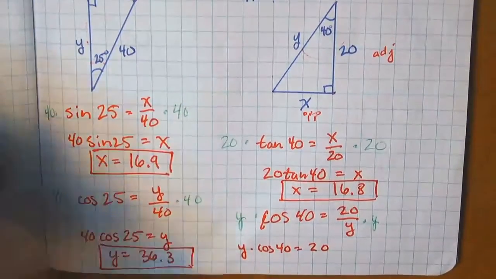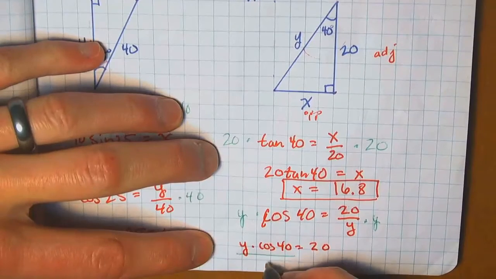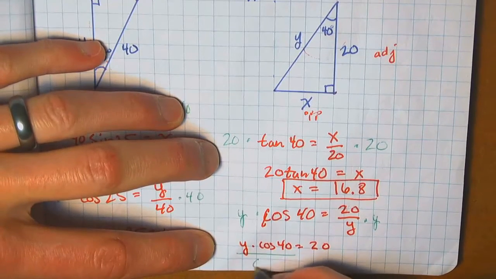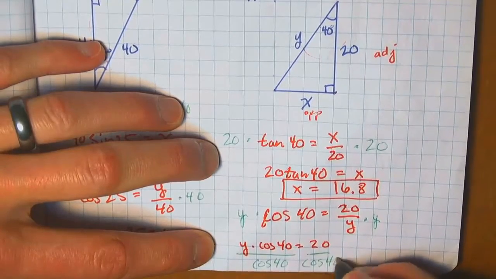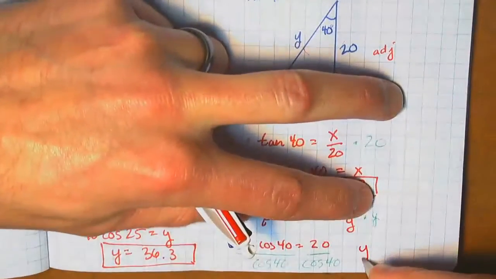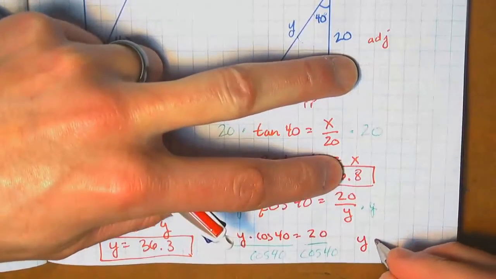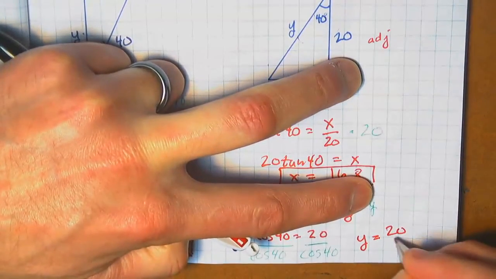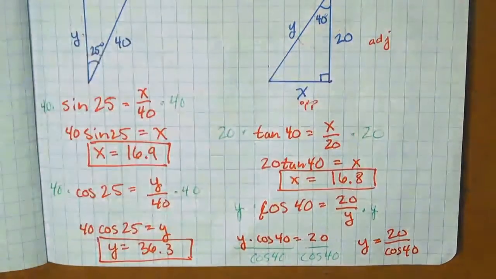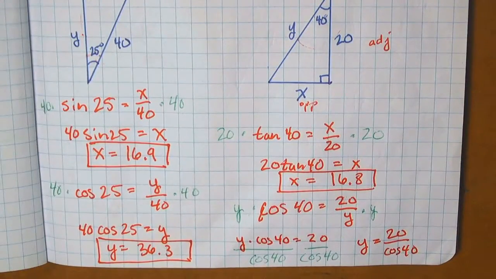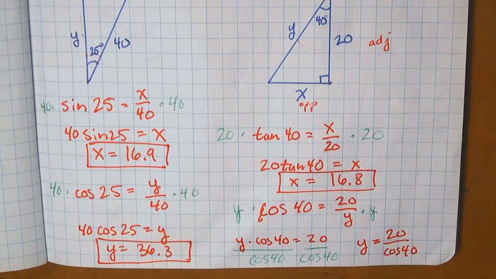Okay, we're trying to solve for y, so now I'm going to divide both sides by cosine. So that's going to give me that y is equal to 20 divided by cosine of 40, and 20 divided by cosine 40.